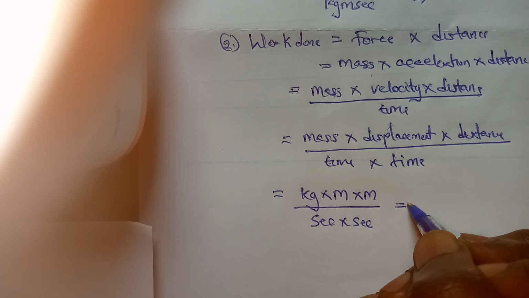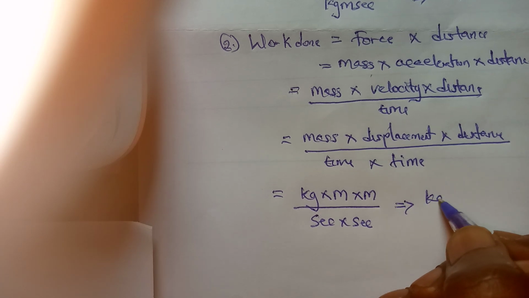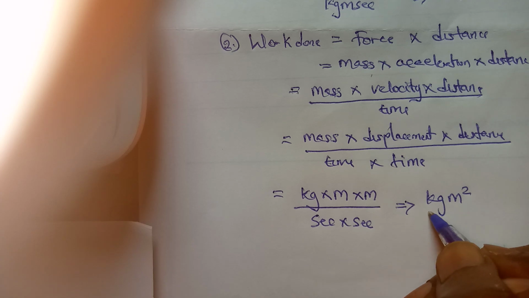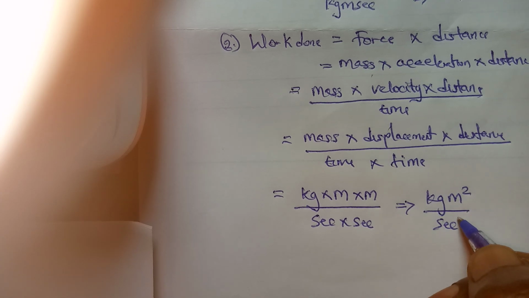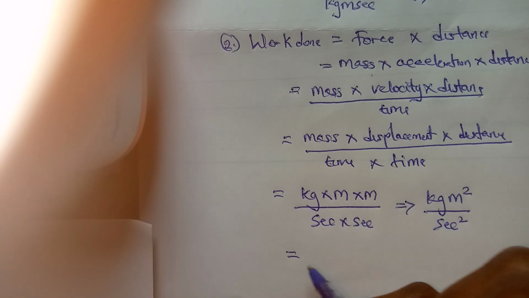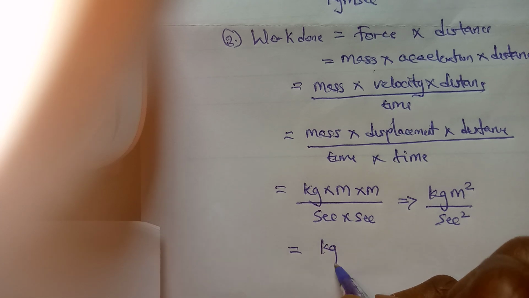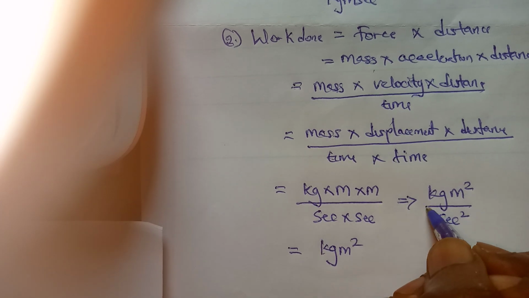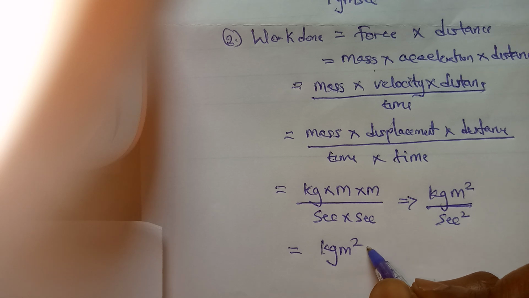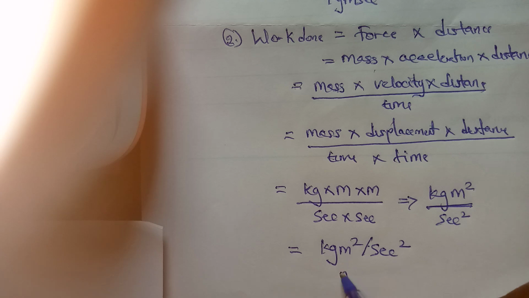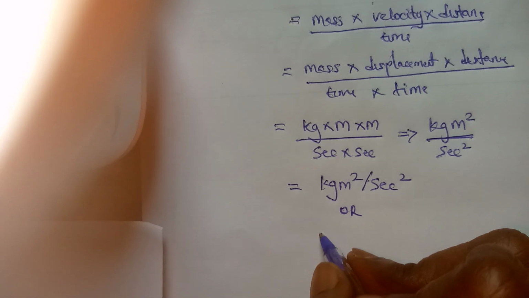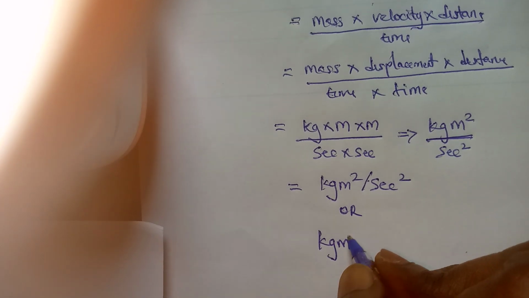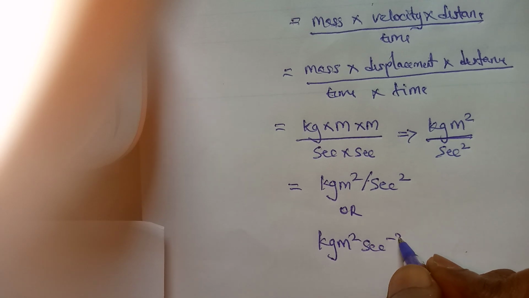So we are going to have kg m squared divided by second squared. Division we change to minus, so you can have kg m2 s minus 2.